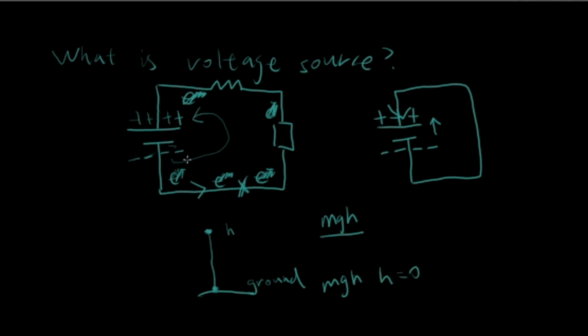The electron is like the water. When the electron flows through this component, the component is like the turbine, and it is spinning like a turbine.